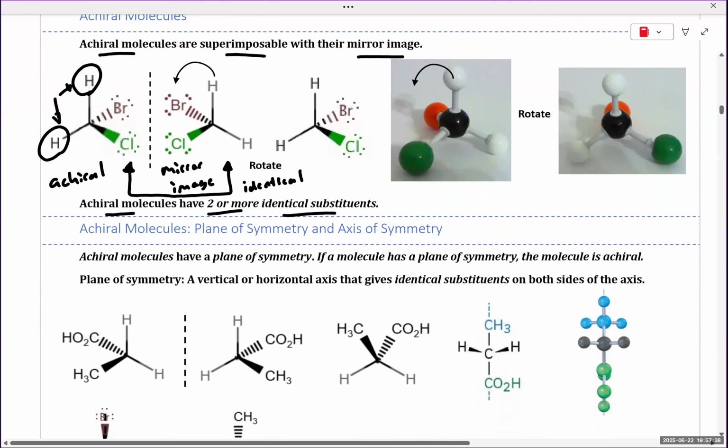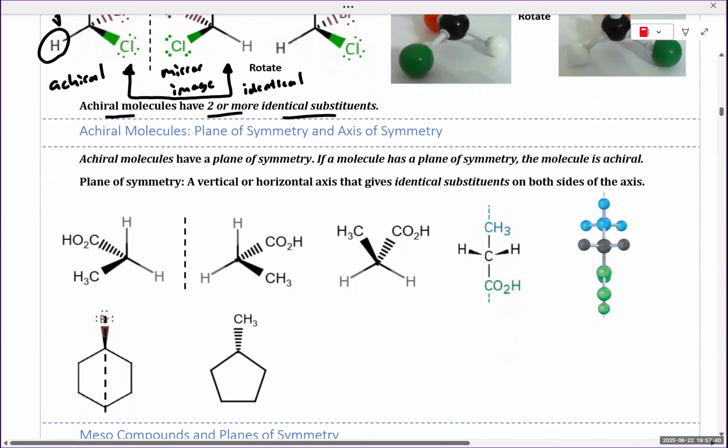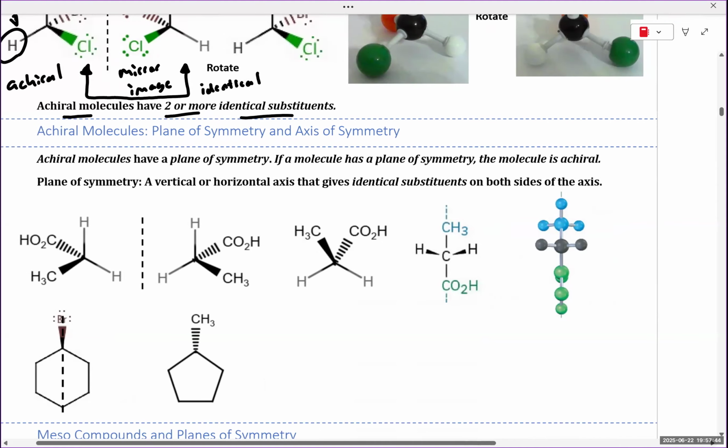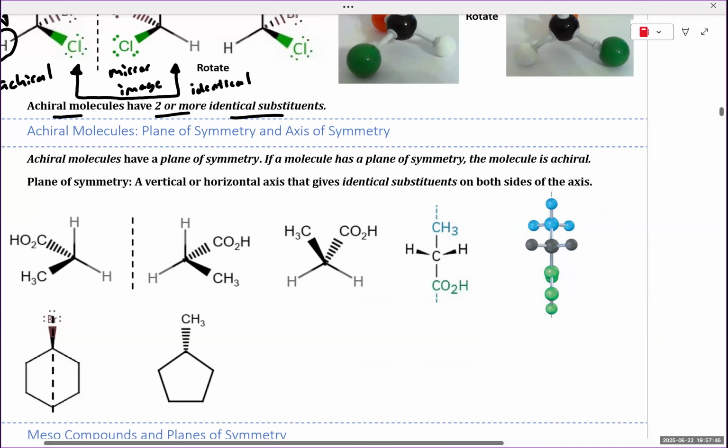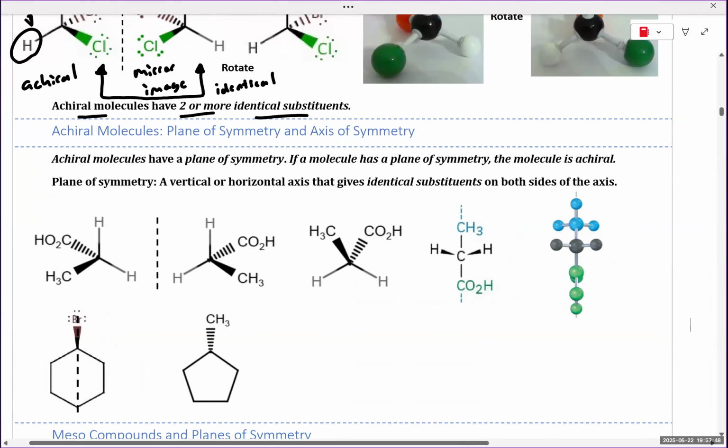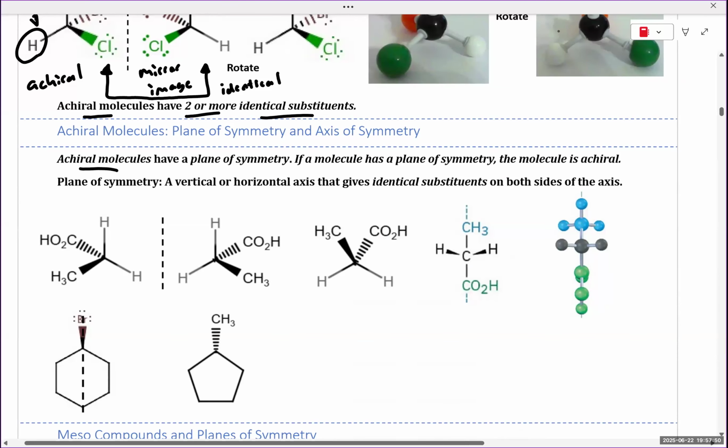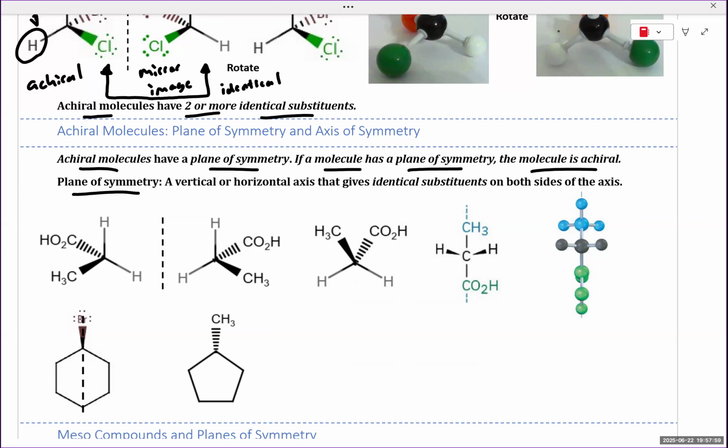Another test that you can use is the plane of symmetry and axis of symmetry test. Achiral molecules have a plane of symmetry. If a molecule has a plane of symmetry, the molecule is achiral. Now, what is a plane of symmetry?